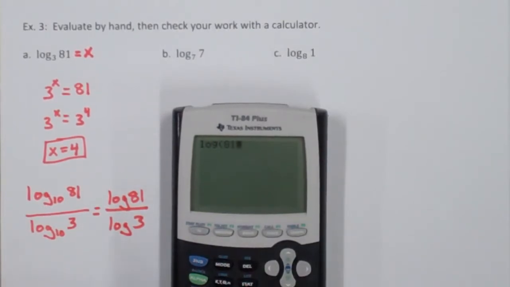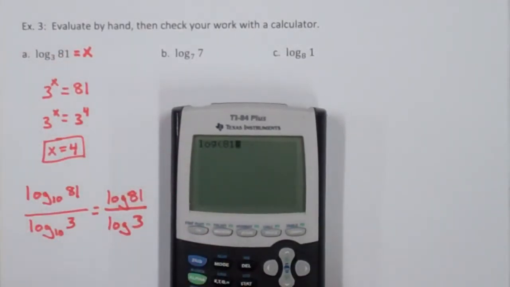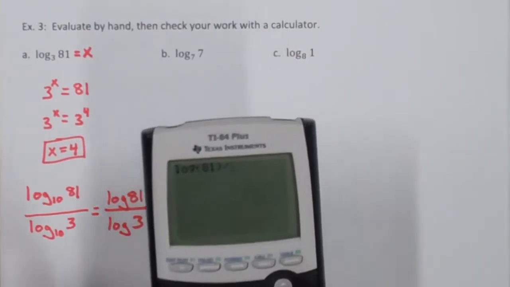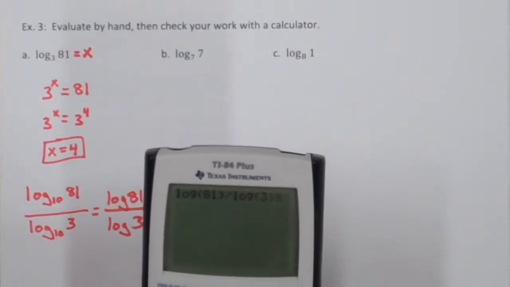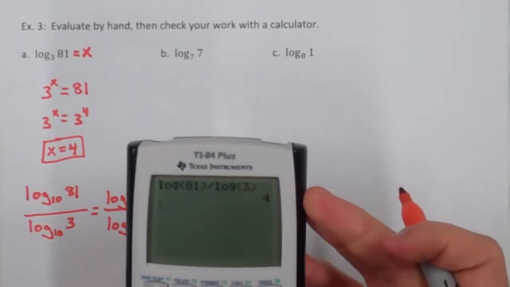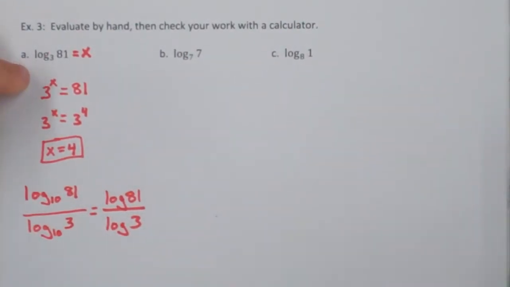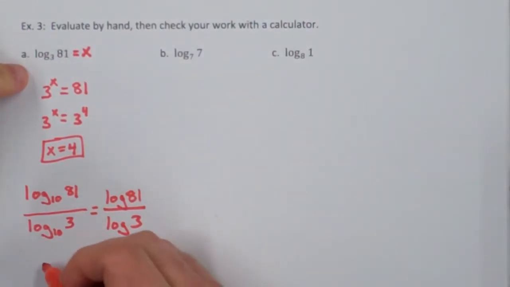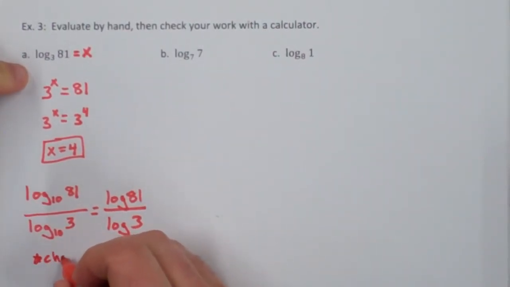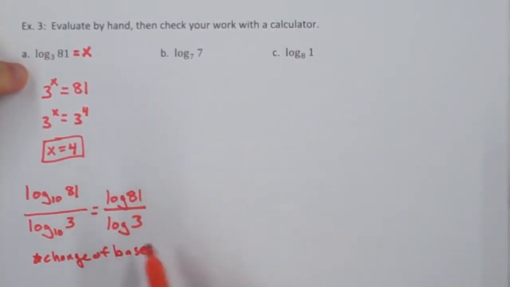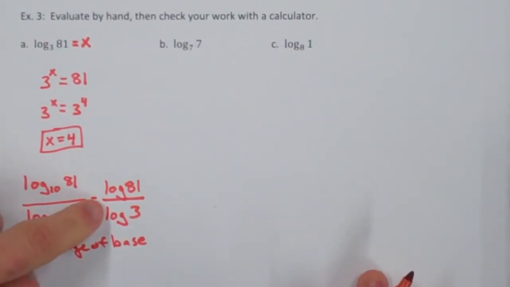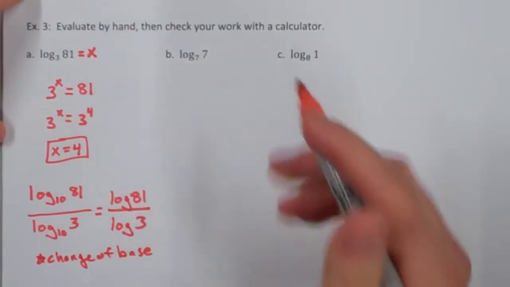So what we want to do is type in log of 81 over, close your parenthesis of course, log of 3. And that should get us our answer of 4. And it definitely does, so we can do this by hand or using the change of base, and I'll write that down here, this is change of base. We can also evaluate this with our calculator. Let's try that on the next one.